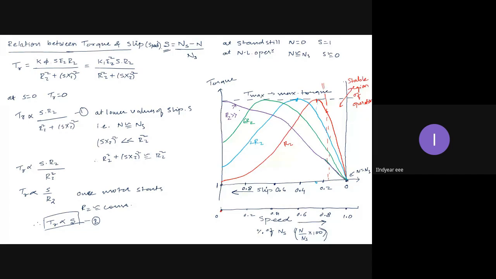Okay, so this is the torque slip characteristic of an induction motor.